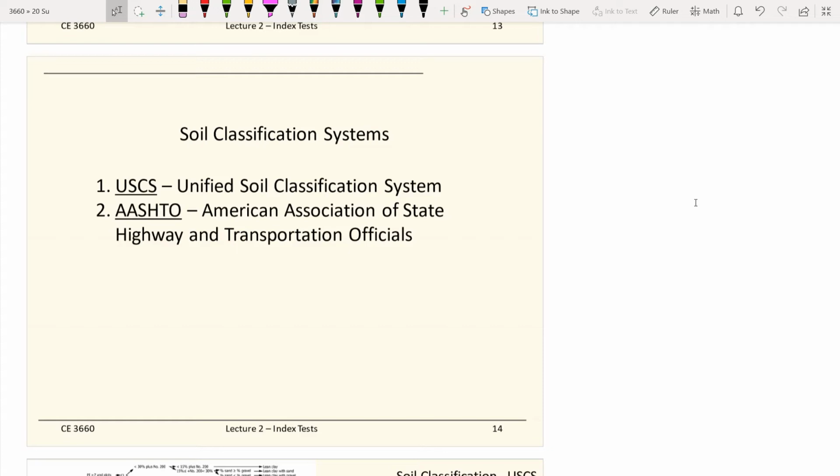Comparing the two, the geotech one, the USCS, is more comprehensive, which means there are more details in the soil classification. And the expectation for this class is for you to be able to do soil classification per the USCS method.